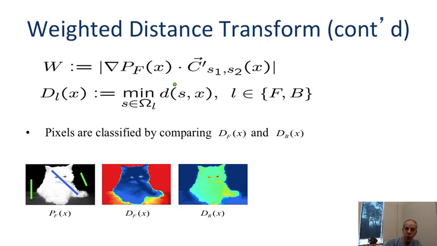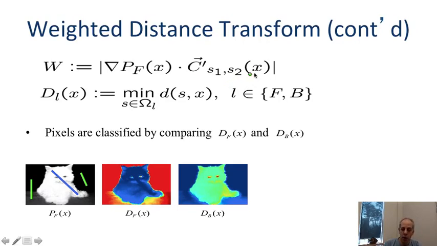If I can keep going from myself to the foreground scribble and the probability of foreground doesn't change, meaning the gradient doesn't change, and remember, gradient is the difference between consecutive pixels in the direction of the path, so this is the curve, I'm going to travel the curve.